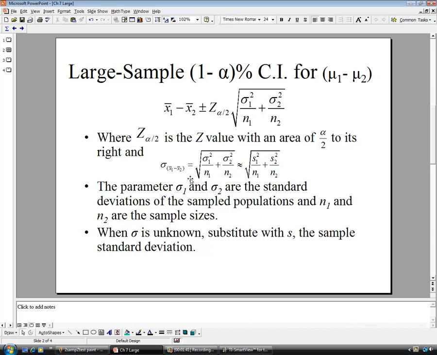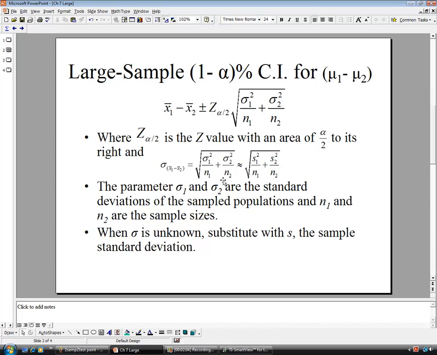So instead of sigma over square root of n for just one sample mean, we're going to take the square root of the variance of the first sample divided by the sample size for the first, added to the variance of the second sample divided by the sample size of the second.